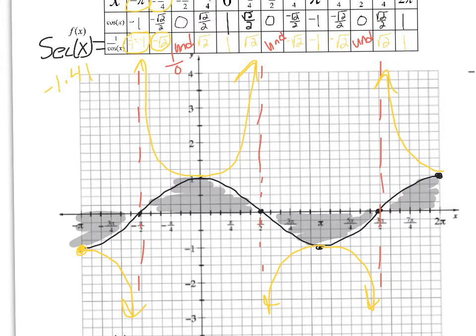So negative 1.41 is right in there. So we're still creating this half of an upside down bucket. And you can go through and verify all these other ones if you would like.